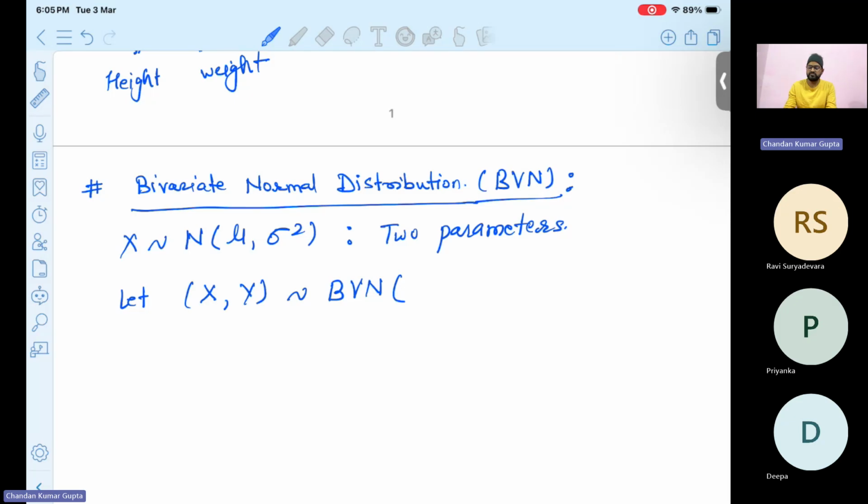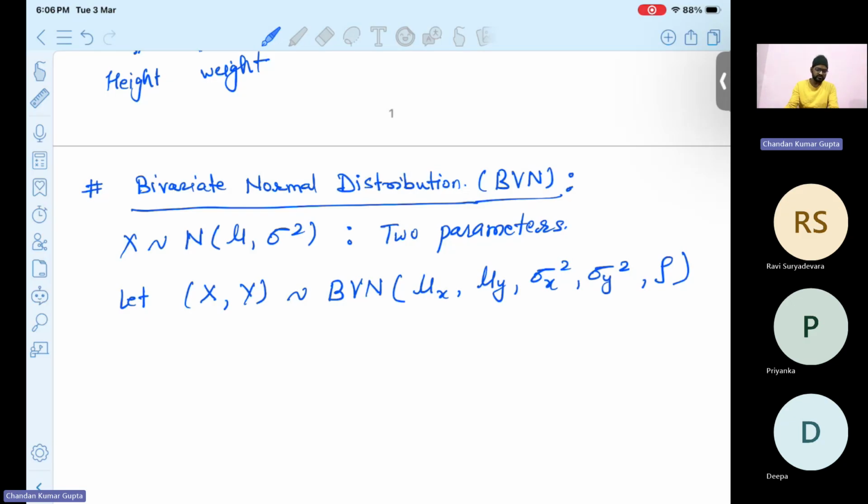In bivariate normal, we actually have five parameters: mu x, mu y, sigma x square, sigma y square, and one more quantity, rho. For X there is mu x and sigma x square, for Y, mu y and sigma y square, and rho is the correlation coefficient that defines the linear relationship between the variables X and Y. So we have a five-parameter distribution.